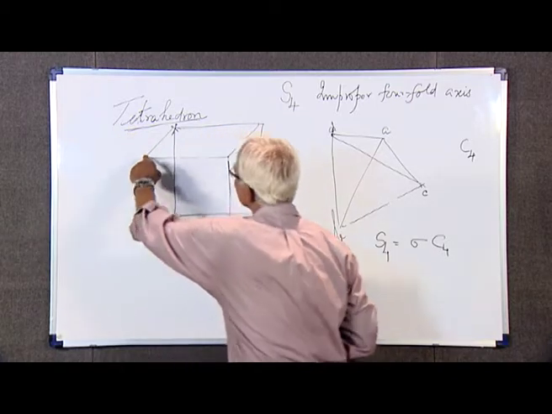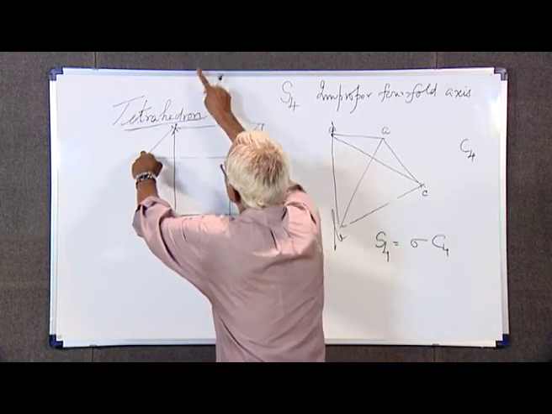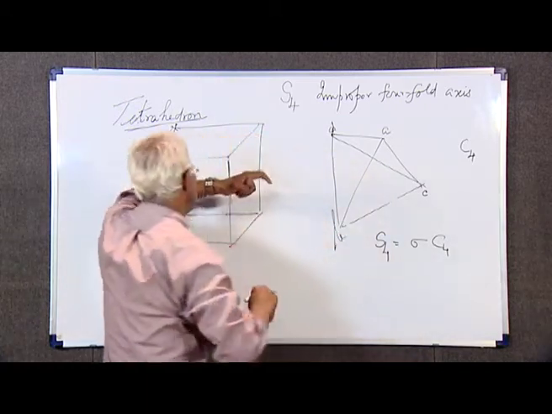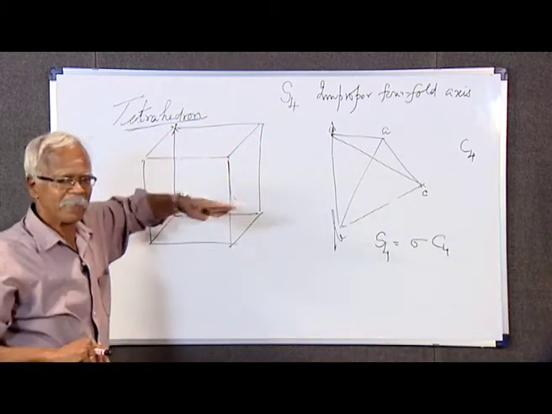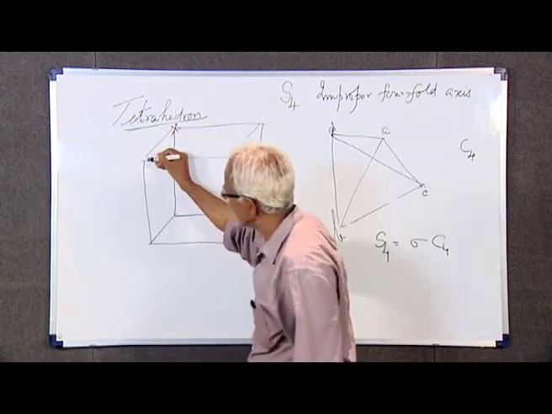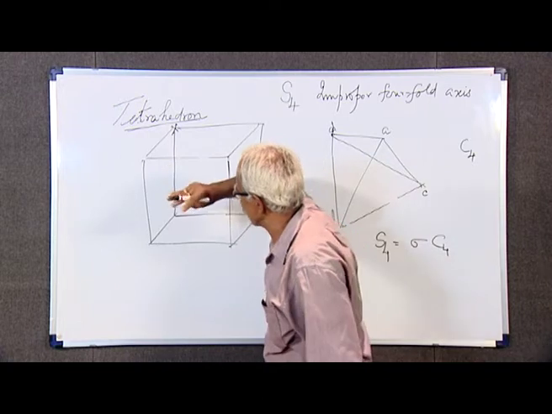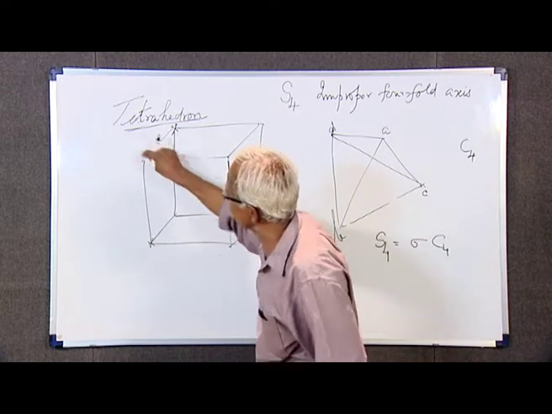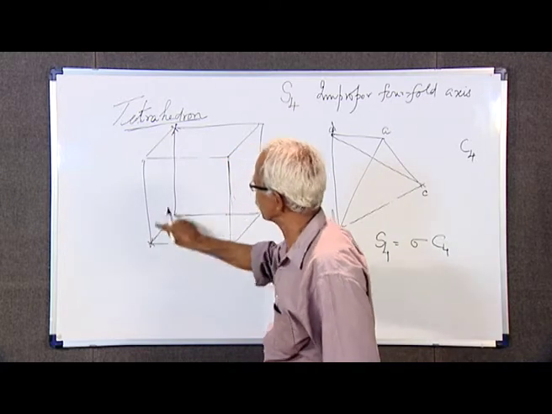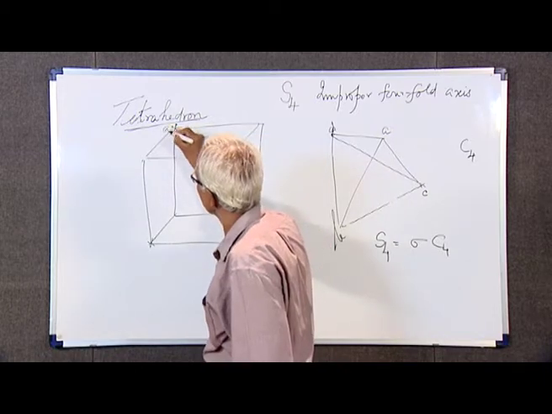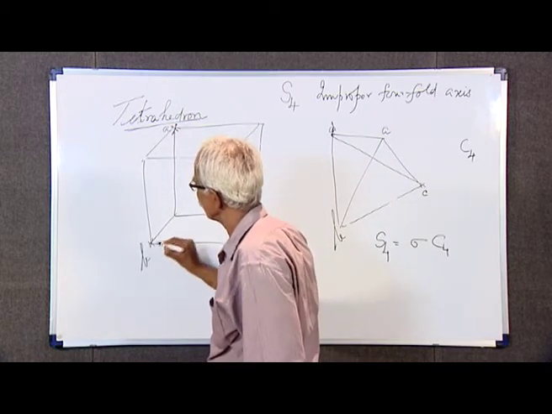Immediately reflect it in a plane perpendicular to this axis. This is that axis, so the plane perpendicular is like this, and so C4, then sigma, that is reflection in a plane, will map it to this one. So, A goes to B.